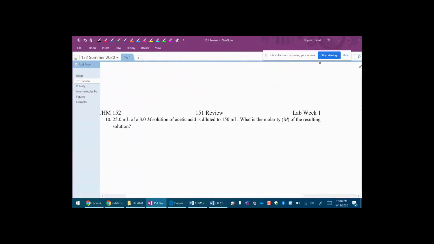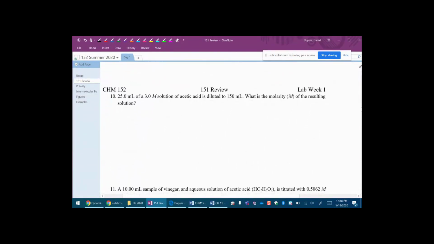All right. Number 10, dilution. This is our favorite Chem 1 formula. If you remember the dilution formula, M1V1 is M2V2, right? So, what's the molarity is the question. So that's M2, right?